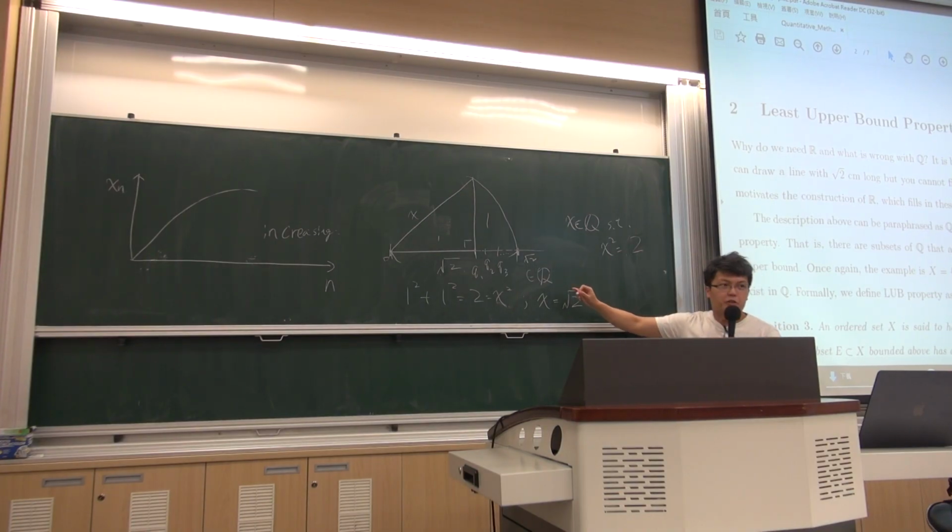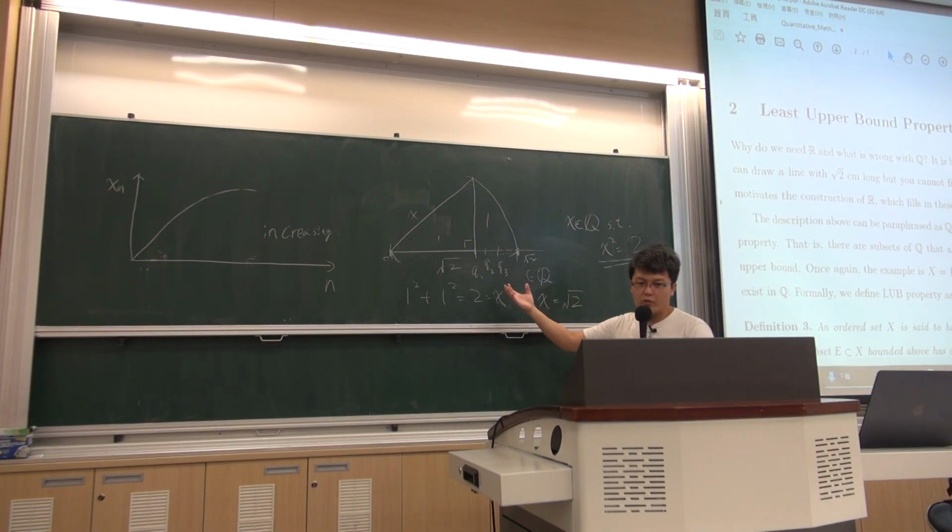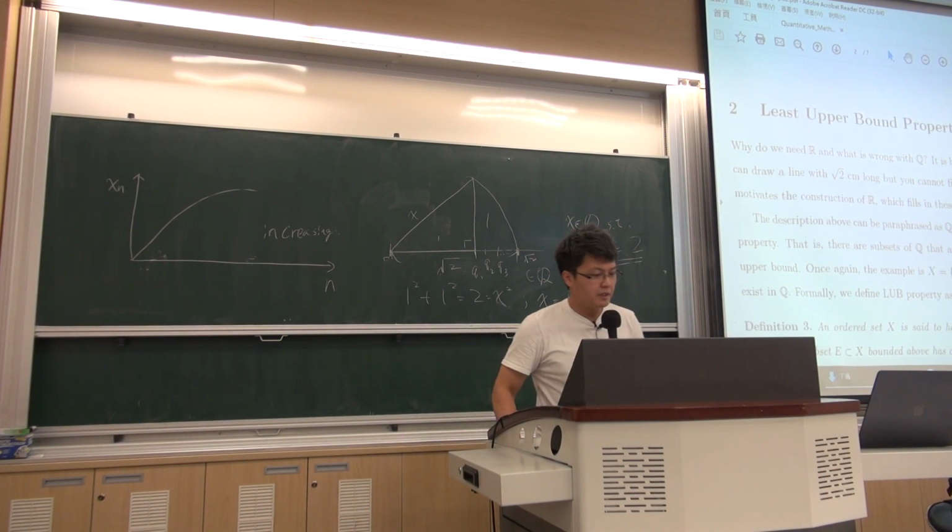However, there's no way you can find an element in the rational numbers that satisfies this equation. So that means in the world of rational numbers, there are holes, and that's why we need real numbers to fill those holes.